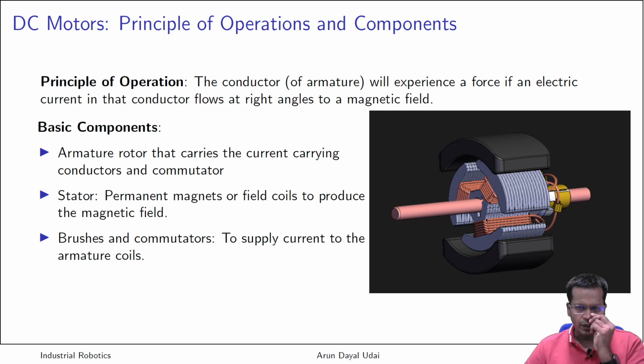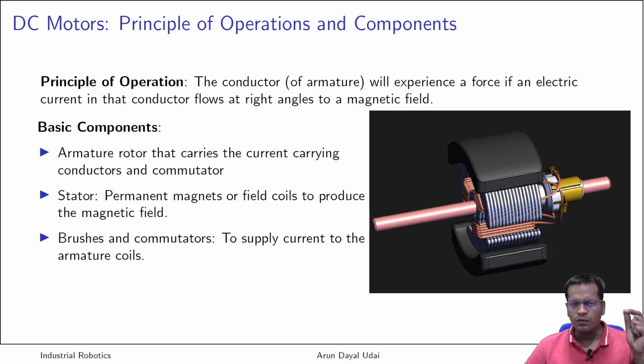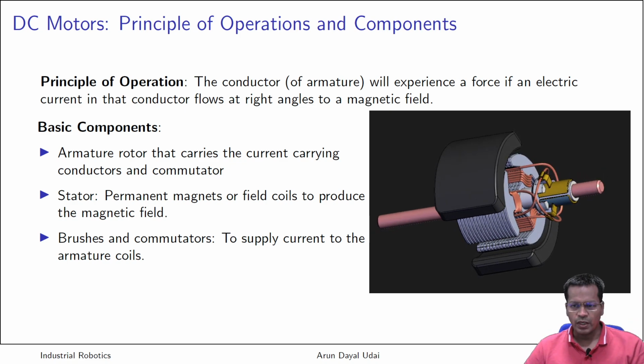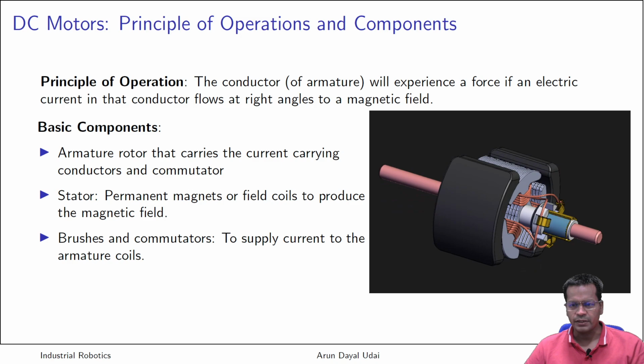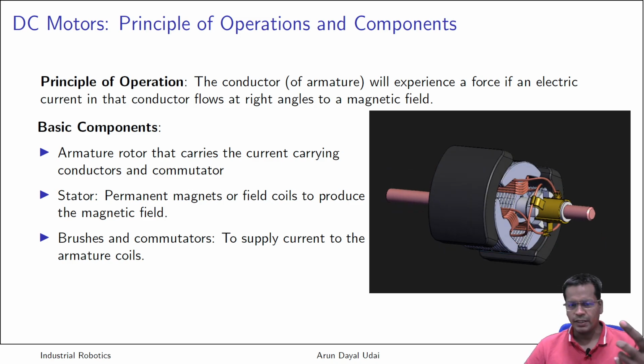This will create one pole, this will create another pole, this will create the third pole. Okay, so one of the wires is always grounded, the other one keeps changing. You connect this or you connect this, you connect one by one, change the connection and energize one pole at a time, and that creates the motion.